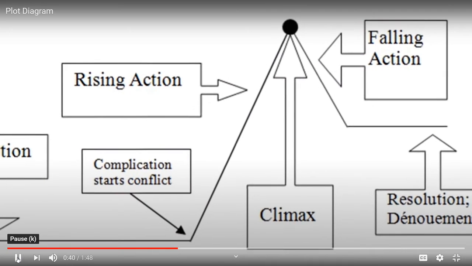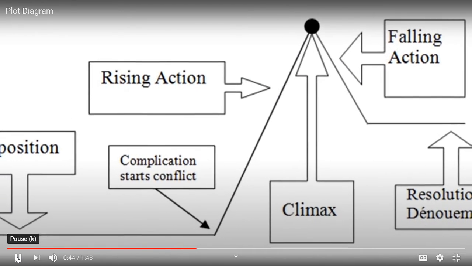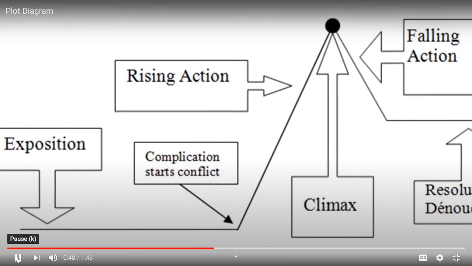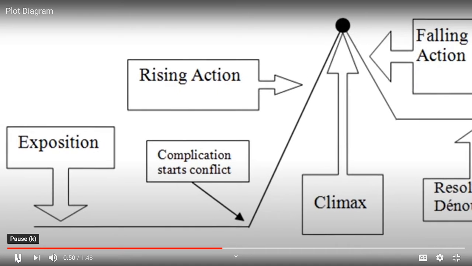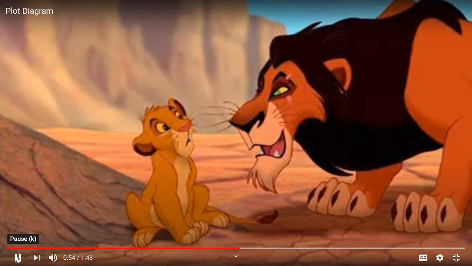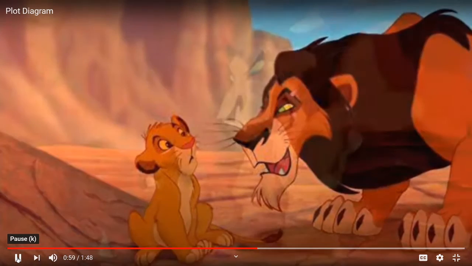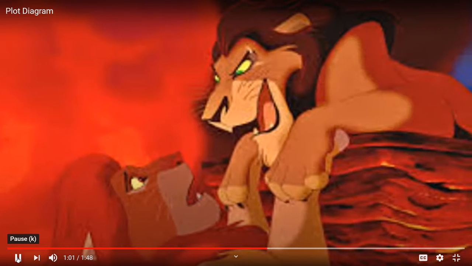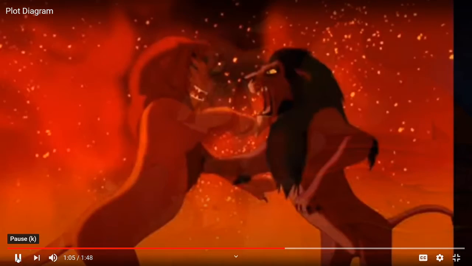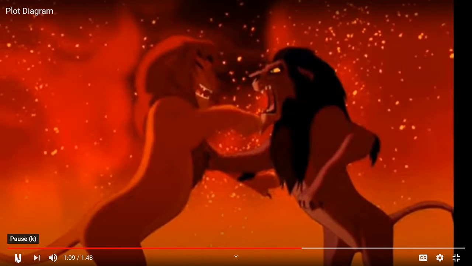The rising action happens before the most exciting part. It's everything that builds up to that one moment where you hold your breath. You don't know what's going to happen next. Every interaction that Scar and Simba have leads up to this moment, where Scar and Simba have to fight to the death. And you don't know what's going to happen. Or maybe you do. But in the end, Scar loses and Simba wins.